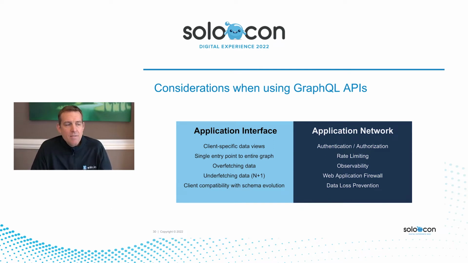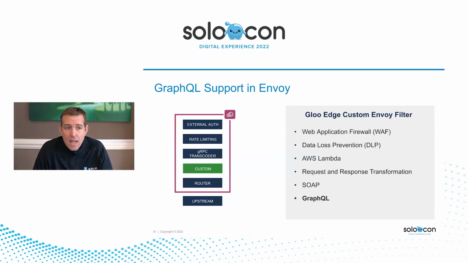So when we see this environment in our customers and discuss with them their concerns and considerations for deploying GraphQL, we start to think, what's a fundamental way that we can help and assist our customers in adopting GraphQL? And one of the primary ways that we can help is by treating GraphQL as a layer 8 protocol that is understood directly in Envoy.